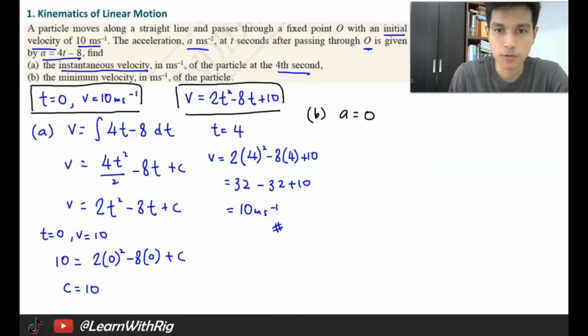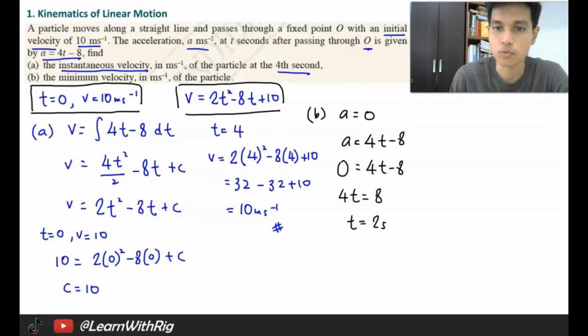So a equals 0, we just have to substitute into the a function. a equals 4t minus 8. So 0 equals 4t minus 8. 4t equals 8. t is equal to 2 seconds. So the minimum velocity happens when t is equal to 2 seconds.